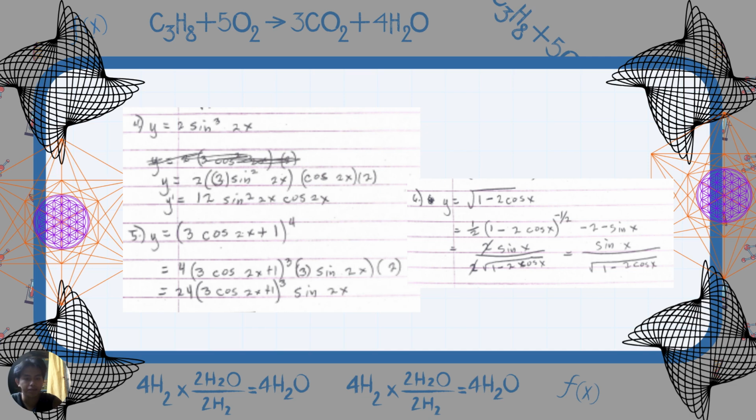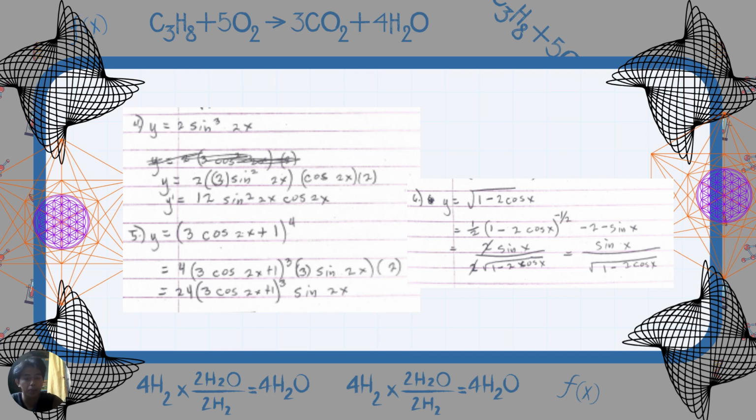Second, we're going to find the derivative of the inner function. So let's copy the constant, which is the 3. And then the derivative of cos is simply negative sine 2x. And then the derivative of 2x plus 1 is 2.